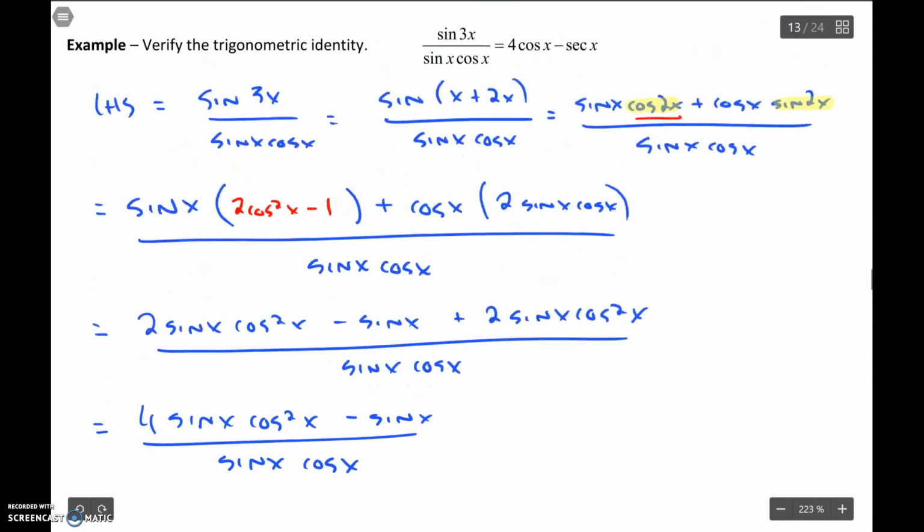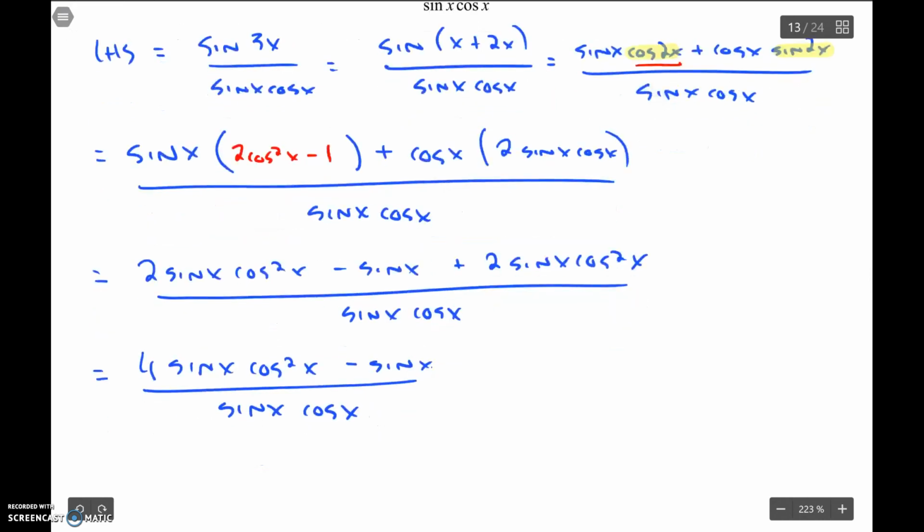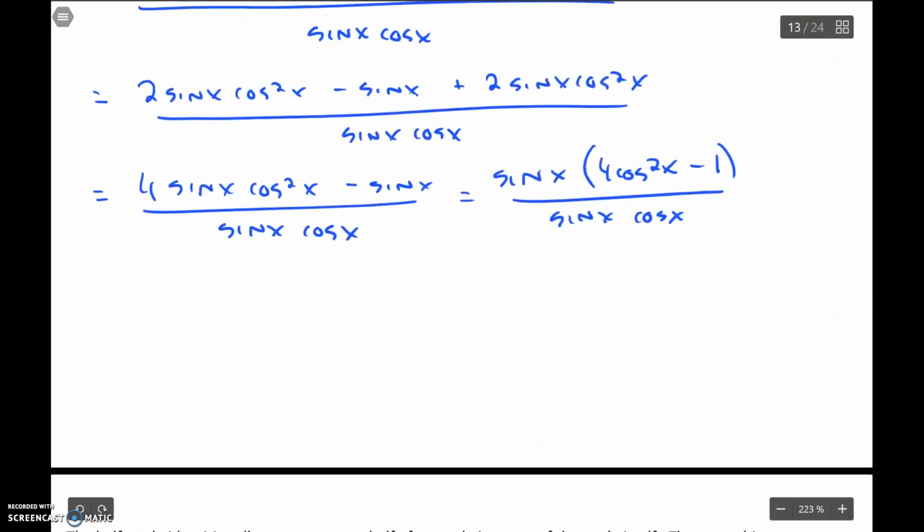What do we need to get it to look like? 4 cosine minus the secant. All right. Well, let's factor out the sine of x. That leaves me with 4 cosine squared x minus 1. Okay, so the sines cancel out, and I have 4 cosine squared x minus 1 all over cosine x.